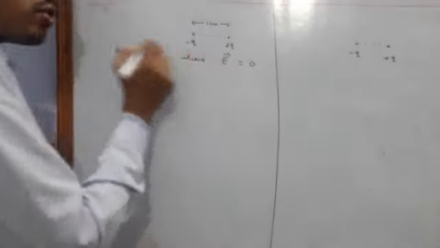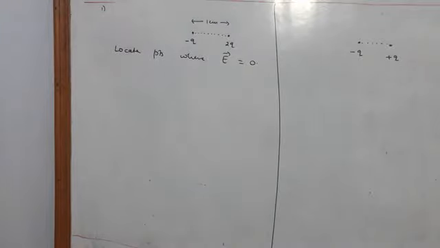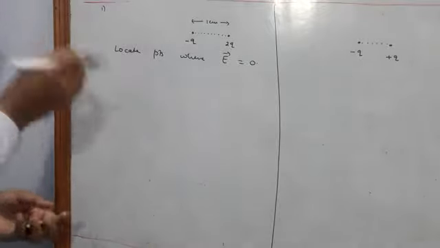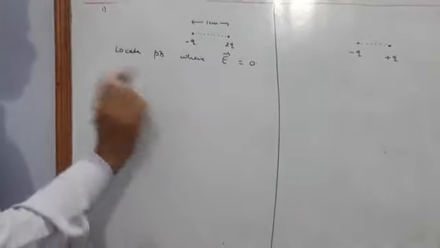Now electric field, I told you, it is the force experienced per unit charge. So what we do basically, we bring a positively charged test charge, we find the force, we divide by that charge, and the electric field formula we have already discussed.